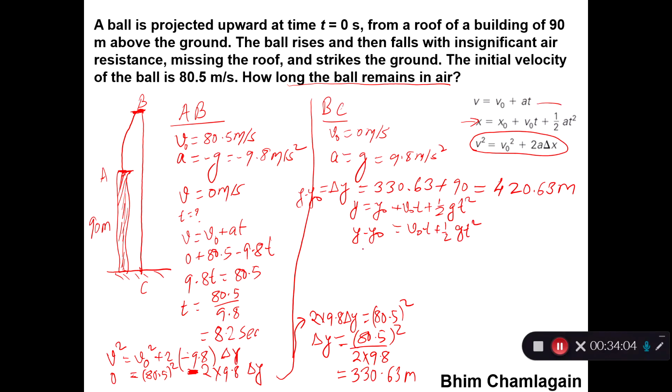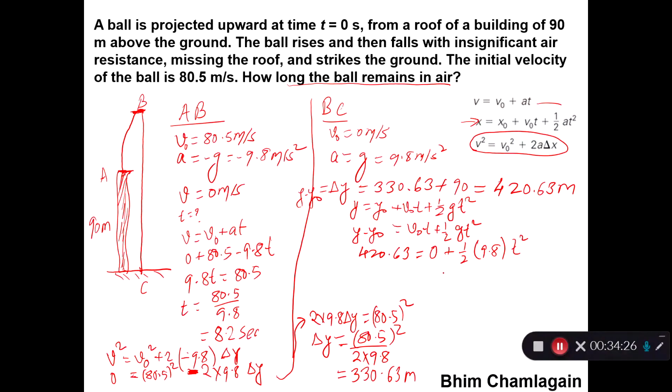Delta y is 420.63 meters, which is equal to V naught, the initial velocity, which is 0, plus half g, 9.8 meters per second squared, times t squared.